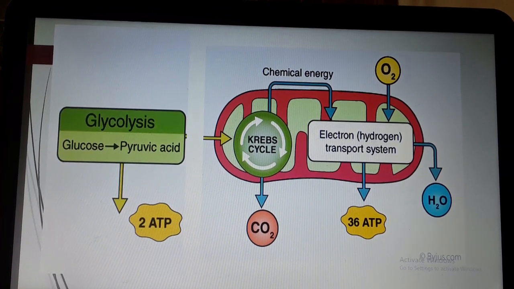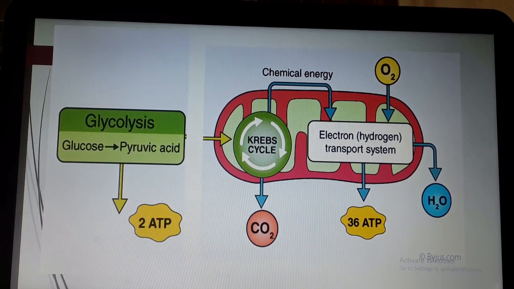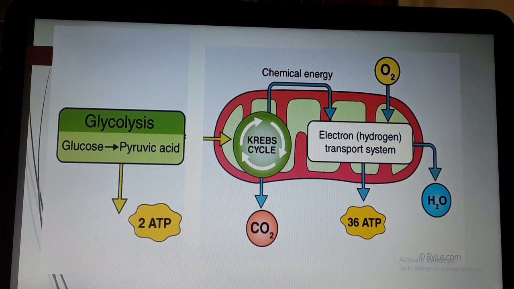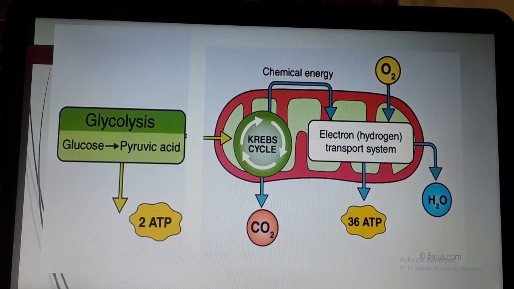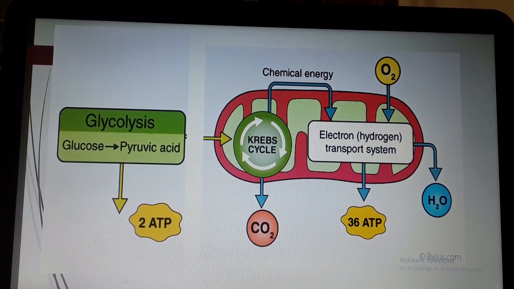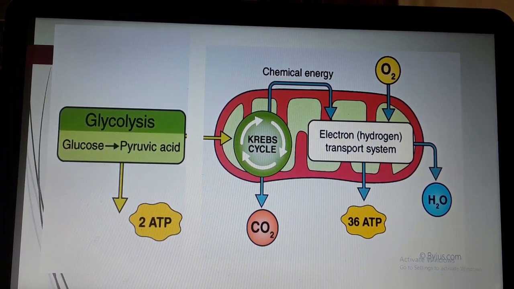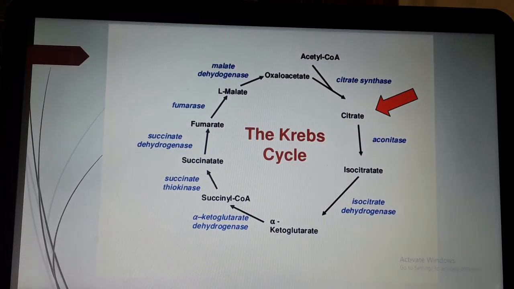It's the ETC. After the Krebs cycle, there will be formation of ATP. Here we can see oxygen entering the mitochondria and water going out from the mitochondria. So what is going to be formed? Hopefully you understood.